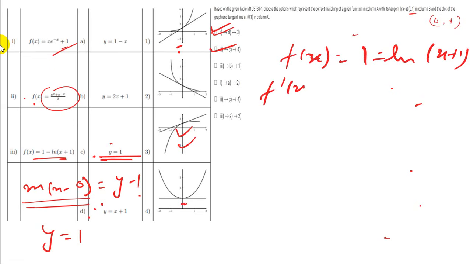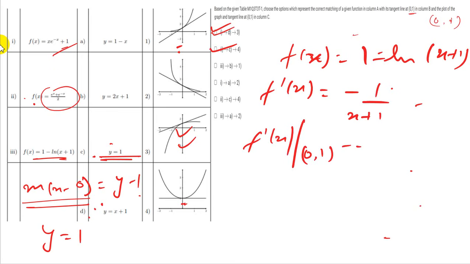So it becomes, after differentiating, -1/(x + 1), since this becomes 0 and this will become -1 upon this. So f'(x) at (0, 1) would be nothing but -1, because x is 0. So m = -1.